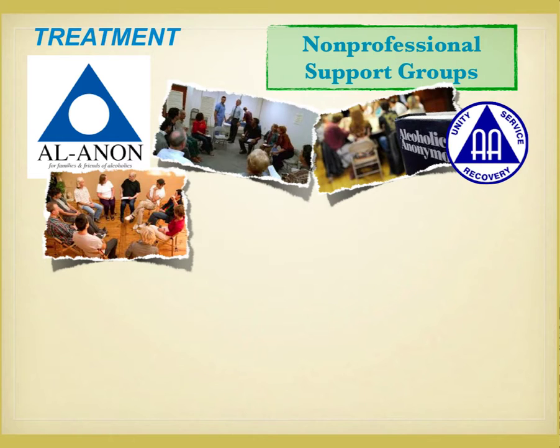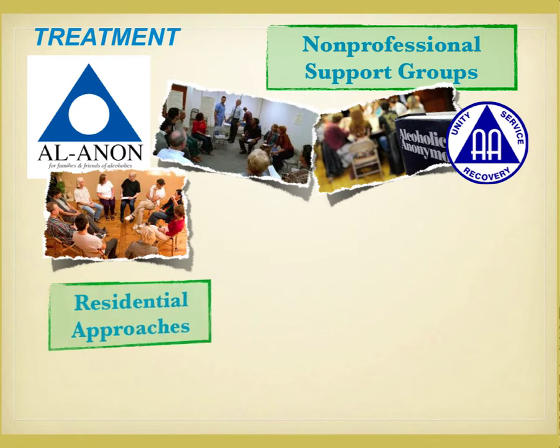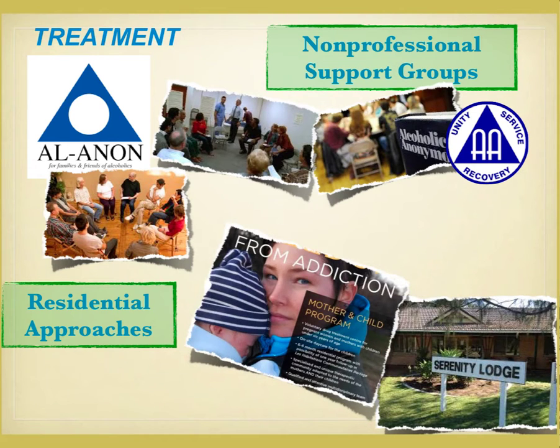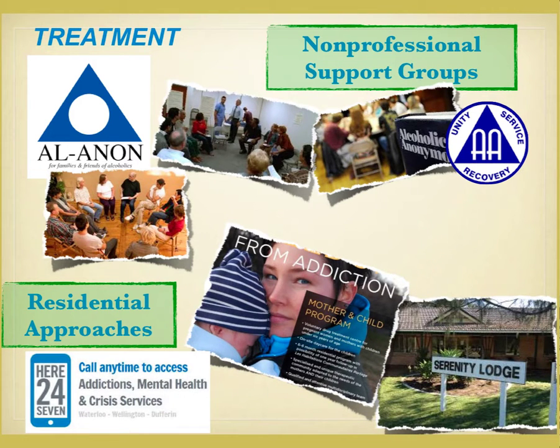Alternatively, many people have chosen to take a residential treatment approach. This includes hospitals and therapeutic communities. The non-professional support groups are free. Residential approaches involve professionals, are more monitored, and are often costly.